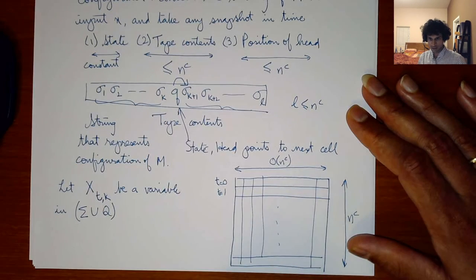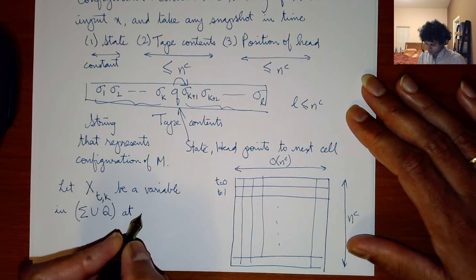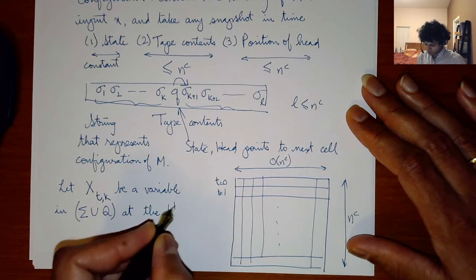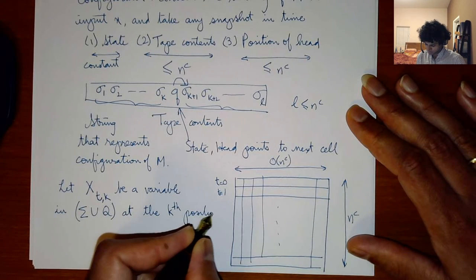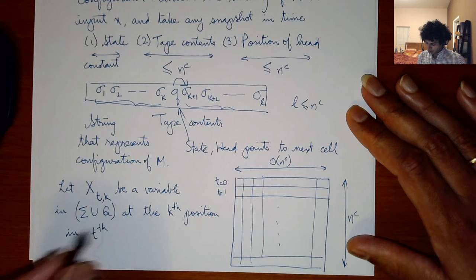It's the alphabet union state. So it's a variable at the kth position in the tth configuration.